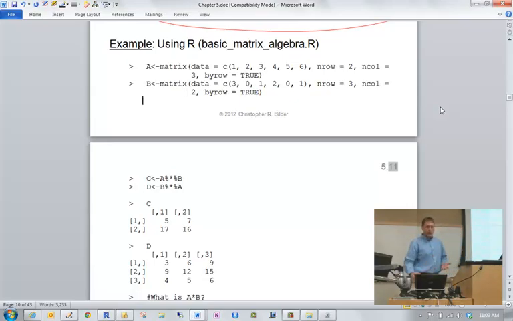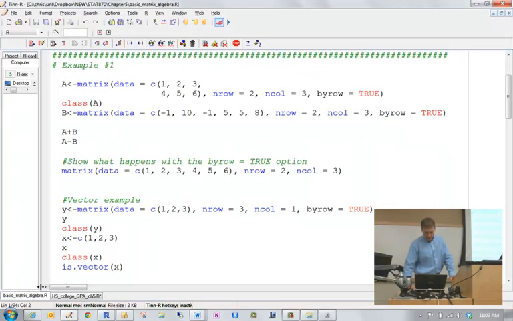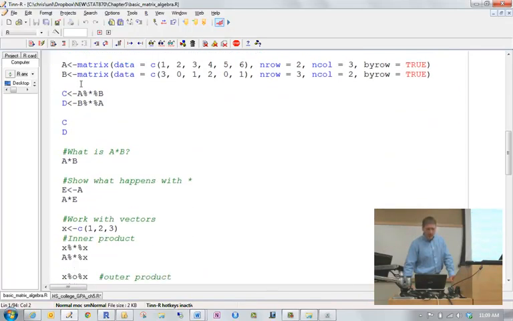And let's look at how we can do that in R. So let's say I have two matrices A and B. And just as a review, how do I tell R I have matrices? One way is to use the matrix function, where in the data argument you put in the corresponding elements of your matrix.